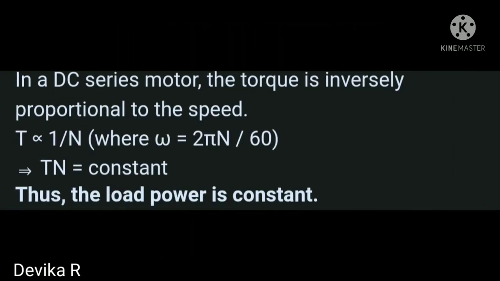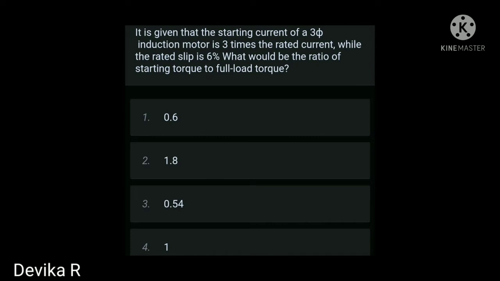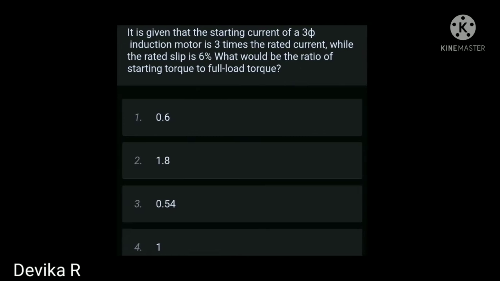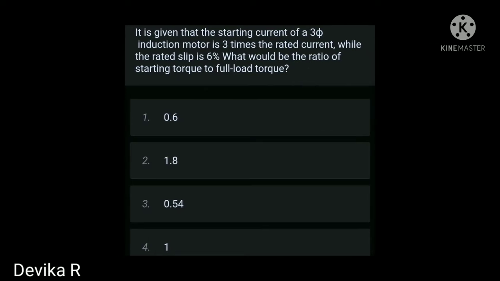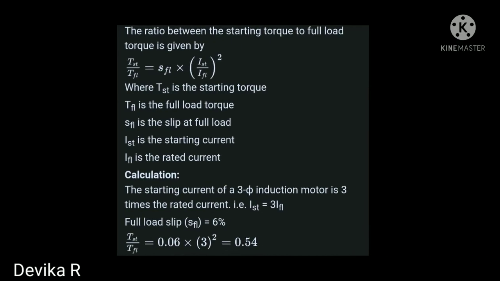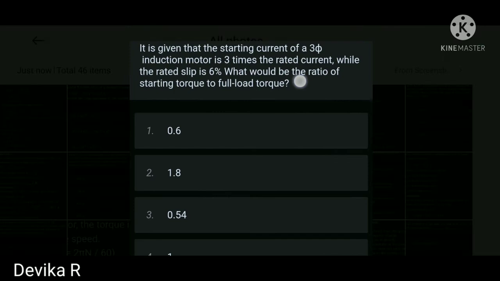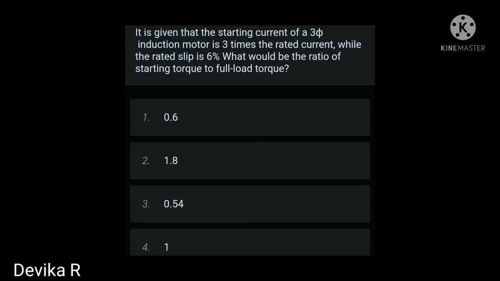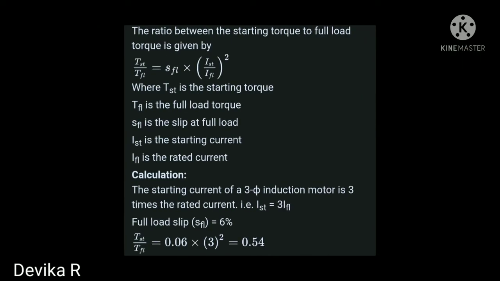Okay, the next one. Given that the starting current of a 3-phase induction motor is 3 times the rated current, while the rated slip is 6%, what would be the ratio of starting torque to full load torque? This is a question asked from induction motors. We all know it's a familiar formula which is always asked in ESE. What was that?